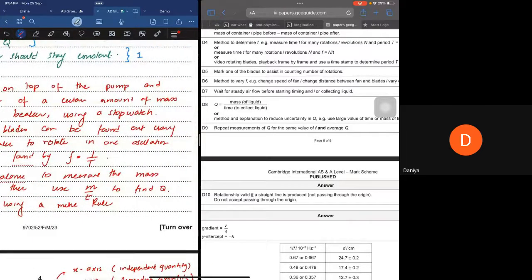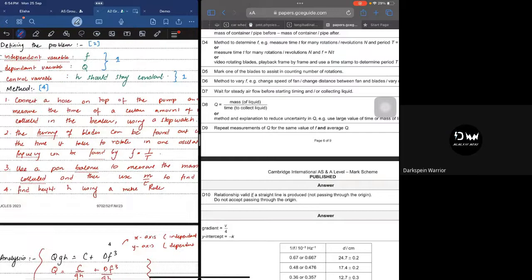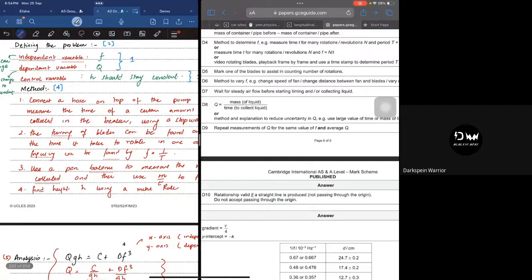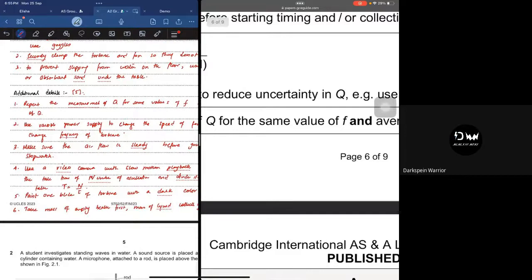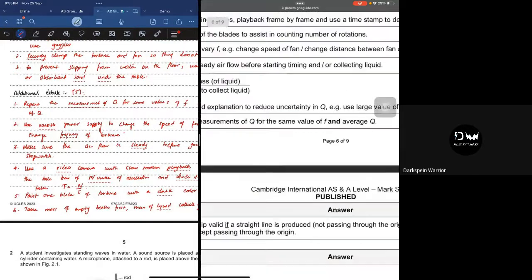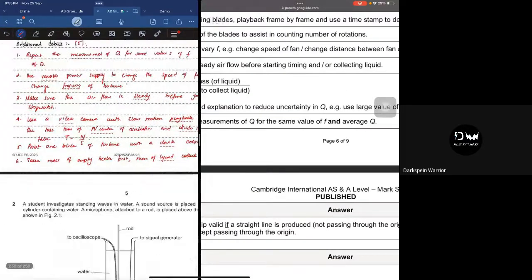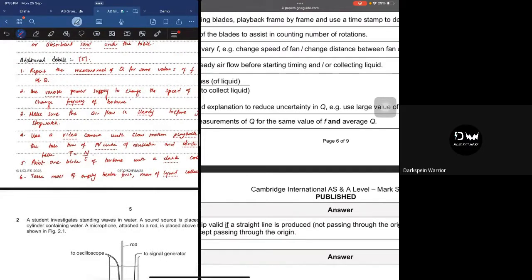So if we have written it here, we can get these marks here. Do you get it? Yes, sir. That's why we had an extra point in method that we thought, okay, we have done something extra, but that's good because you can get that mark anywhere. And this is a very common one: repeat measurement of the dependent value for the independent one, take average, that we have written in the first part. So that's how we're going to score this.